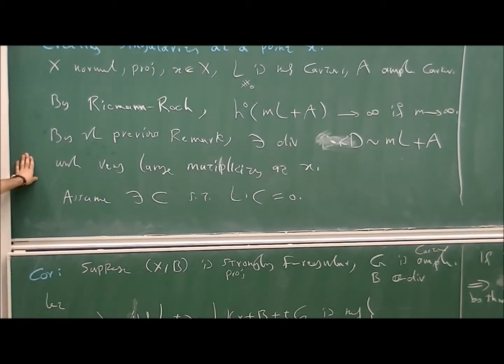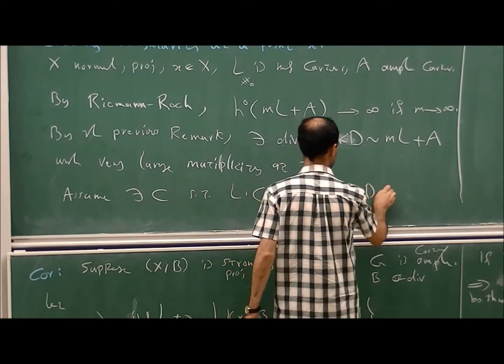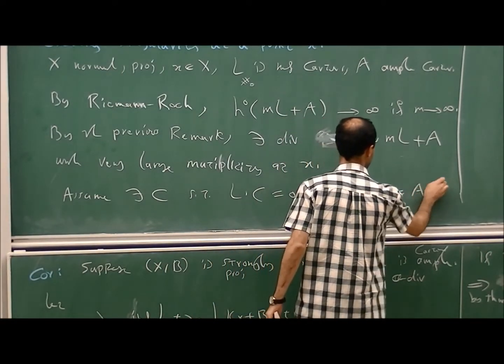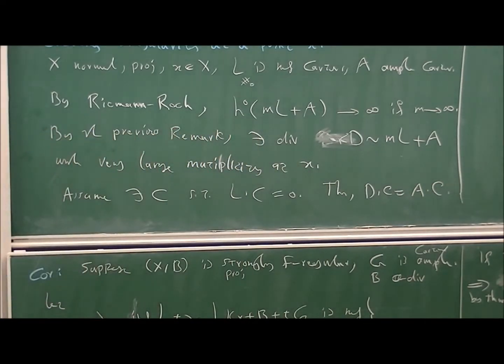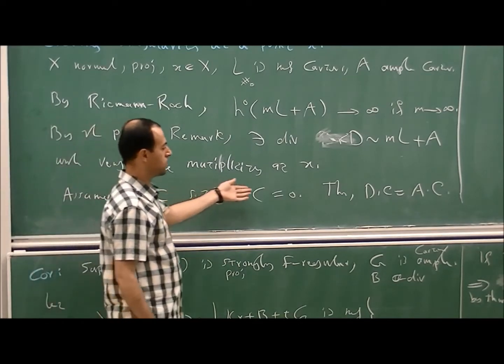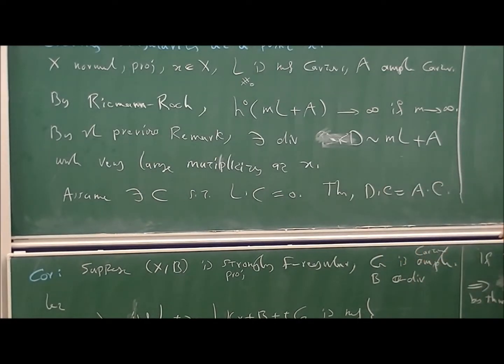Then the intersection of D with C is equal to A intersect C. See that the intersection of A and C is a fixed number that doesn't depend on m. So no matter how large m is, this intersection number is exactly the same when A and C are fixed.